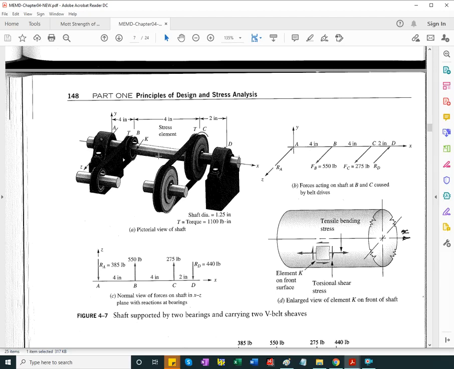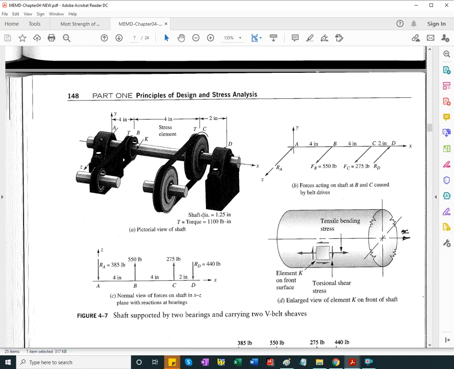This is where we have maximum tensile stress, and overlapped with it we have the shear stress caused by torsion. On the opposite surface, where the negative z-axis exits the shaft, we're going to have maximum compressive stress.